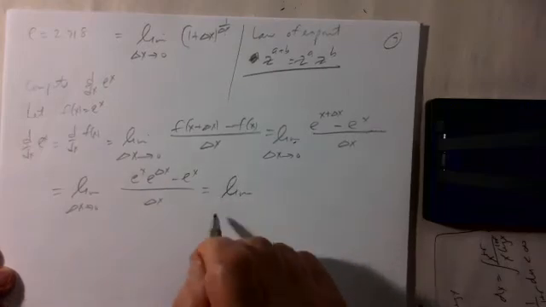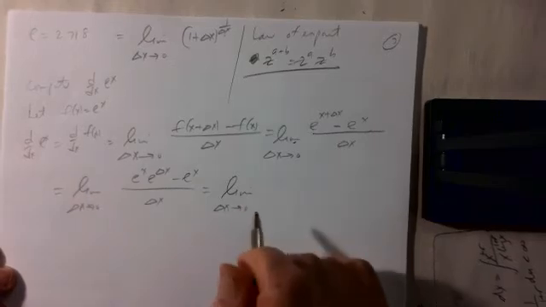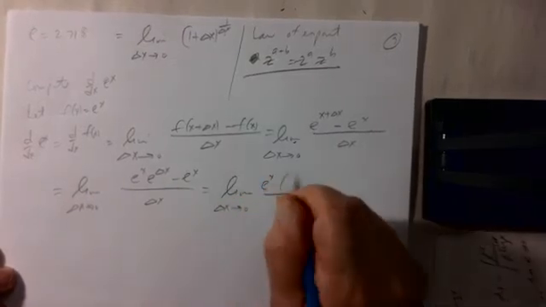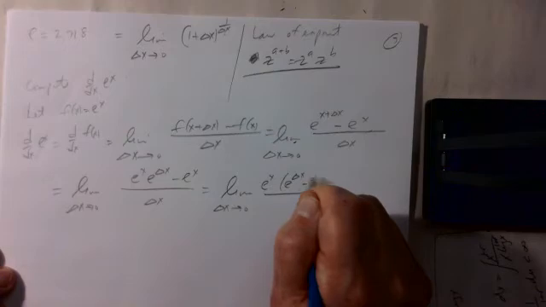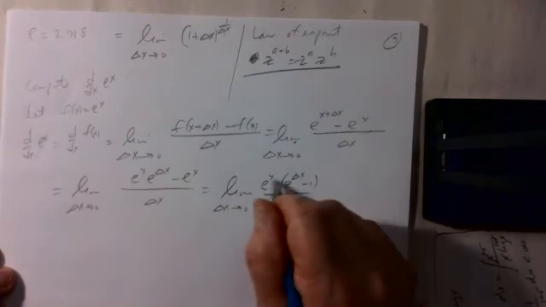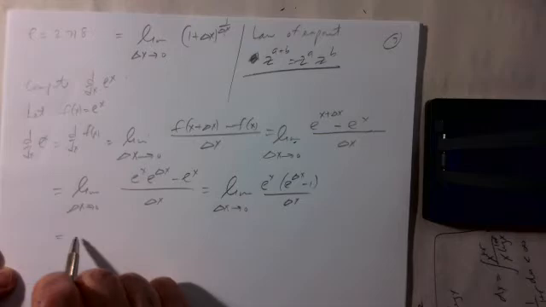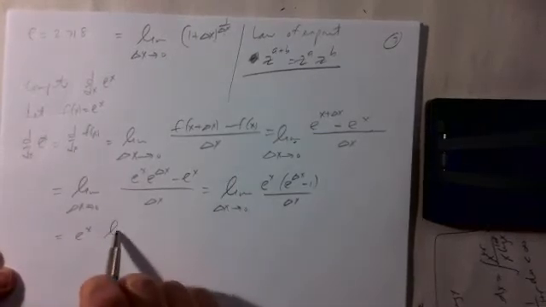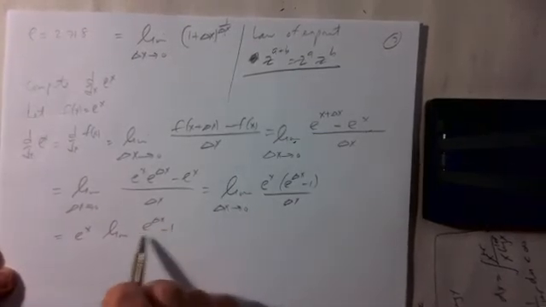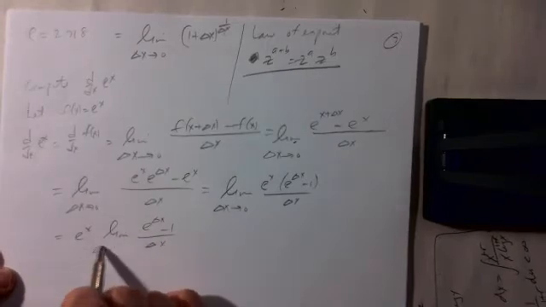That's the limit as delta x goes to 0, I can factor e to the x out of the numerator. x is fixed. This e to the x is a constant. So this is e to the x times the limit of (e to the delta x minus 1) over delta x as delta x goes to 0.